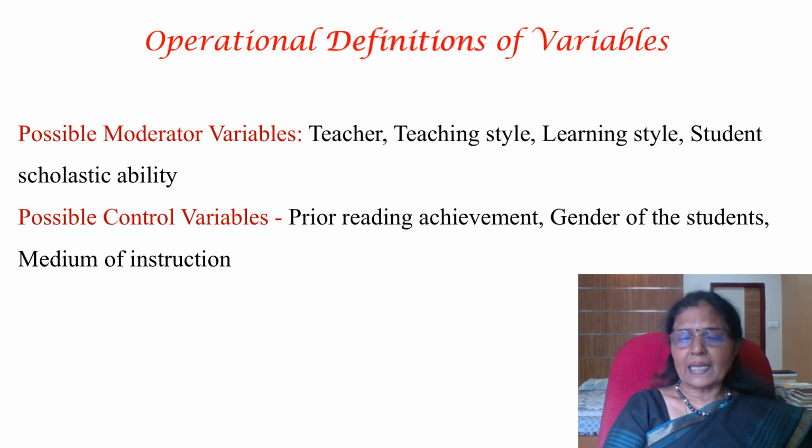And the students' scholastic ability, they come from different backgrounds. They will have different academic backgrounds. So these are all the possible moderator variables which could be acting in this particular study along with the independent variable, namely the program SSS and the program CCC. And what is a control variable?